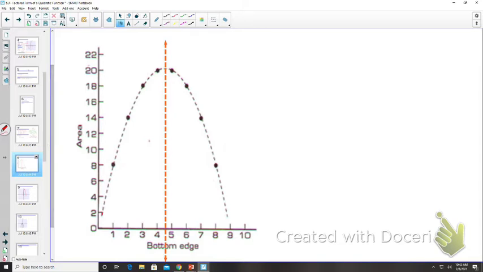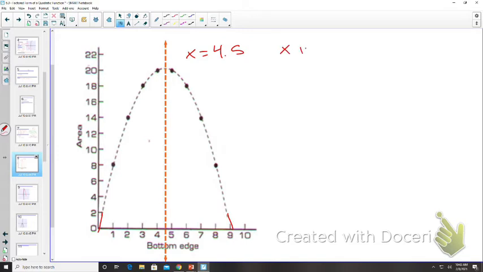So we could just assume that our x and our y intercepts are going to be 0 and 9. We also have an axis of symmetry here, right? X equals 4.5. So we know that our x-intercepts are going to be 0 and 9, right?